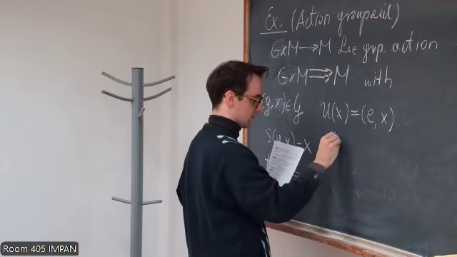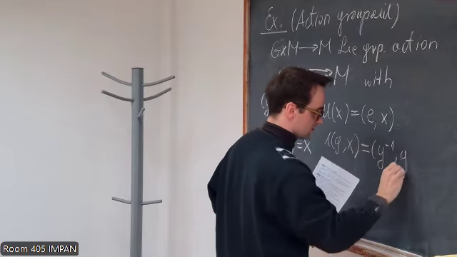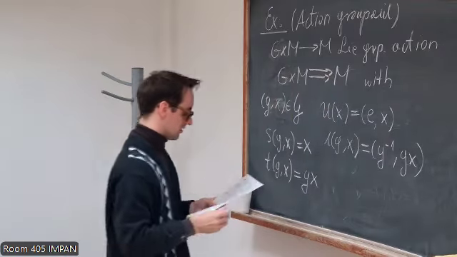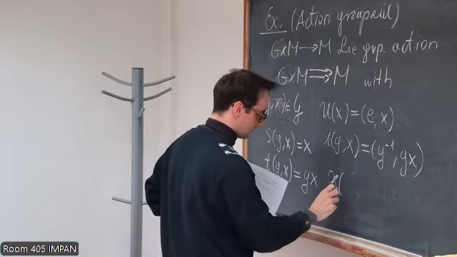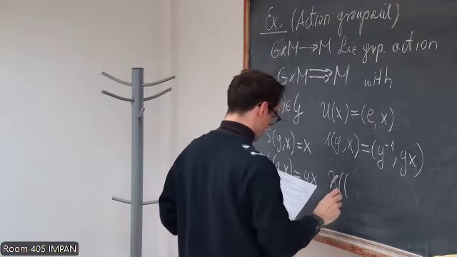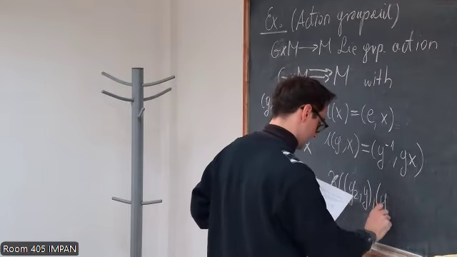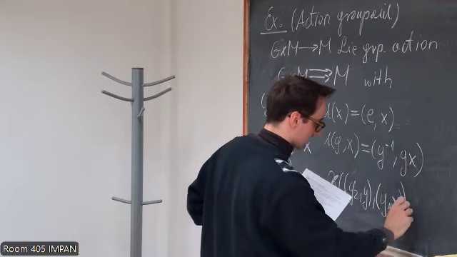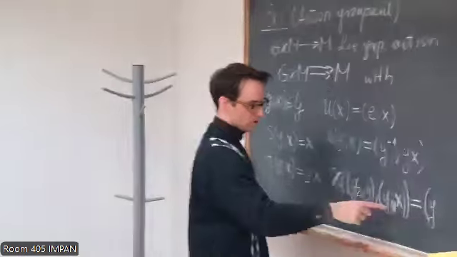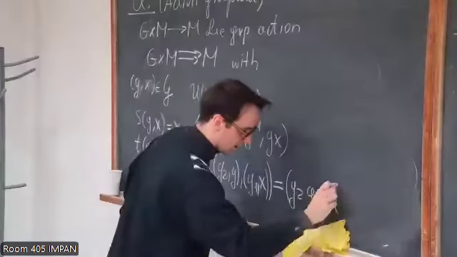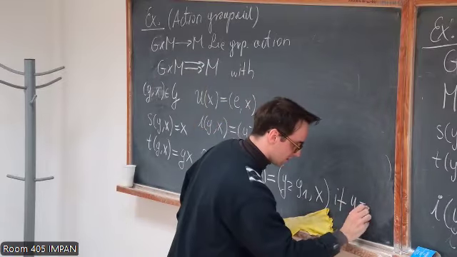The inverse of (g, x) is (g minus 1, gx), and the composition of (g2, y) and (g1, x) is (g2 g1, x) whenever y is equal to g1 x.